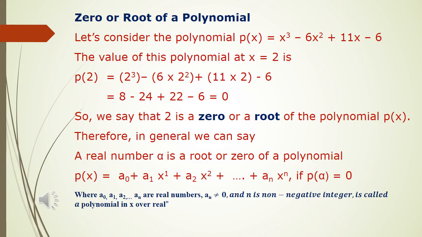Here the polynomial p of x is equal to a0, which is the first term, plus a1 x raised to 1, second term, up to an x raised to n, the last term.